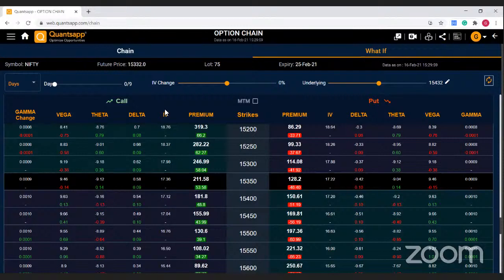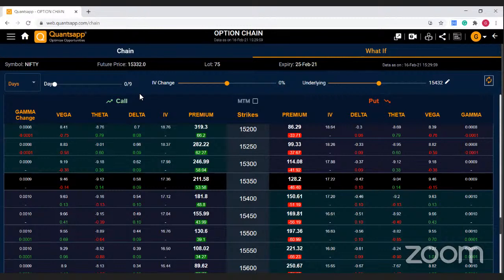Now suppose I was expecting a 100-point movement, but the movement did not come, and due to which I have to hold my option for the next 3 days, 4 days, or whatsoever. And I'll tell you what most people think: that until and unless my target comes, that underlying moves, I won't be taking my position off.